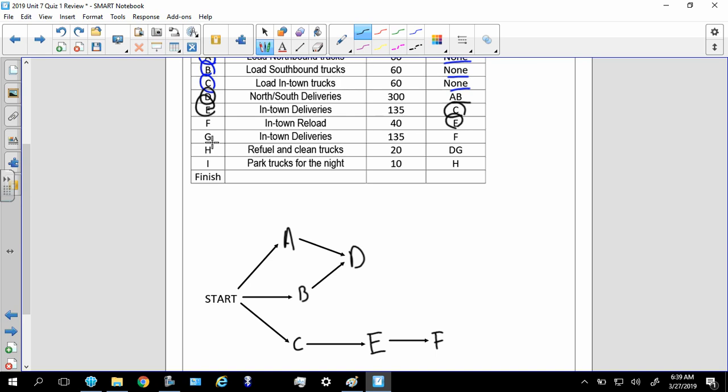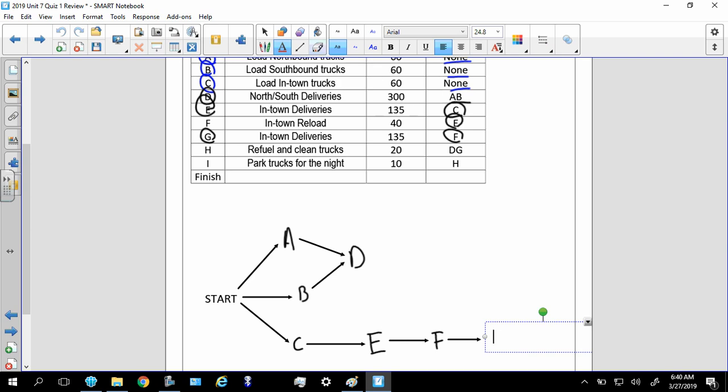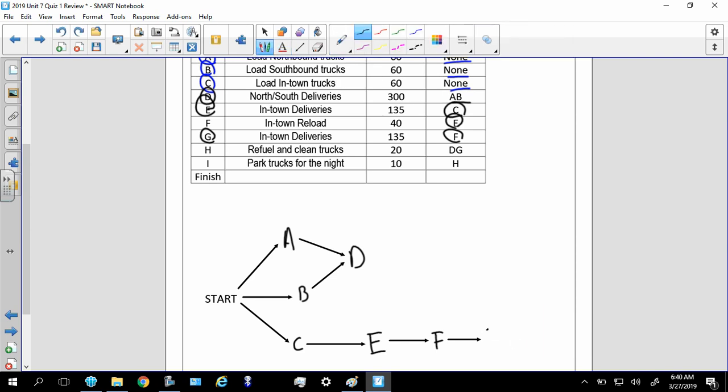Next is G, and that's F. All right, so again with the arrow, F, G, I hope I don't run out of room. All right, and then let's see, H here is D and G, so I'm just going to put H right here. D and G.